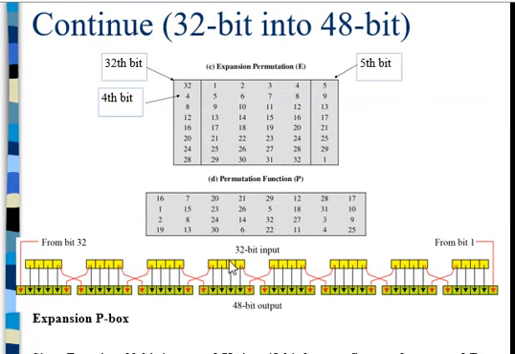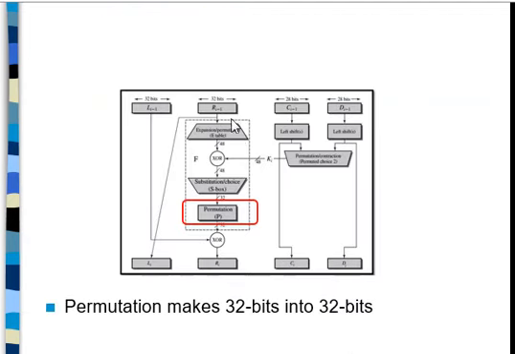You can see this step is repeated till the last one. Finally, at the end we can put the 1st bit here in the last part. This is the main expansion box as we explained here.